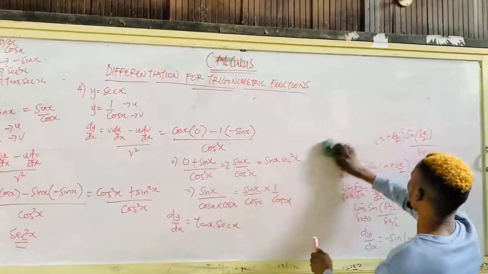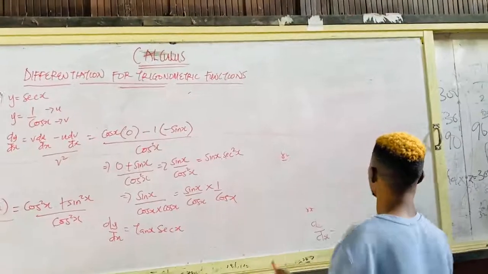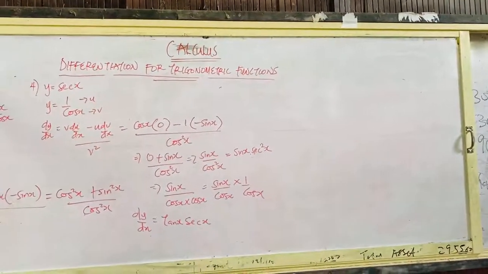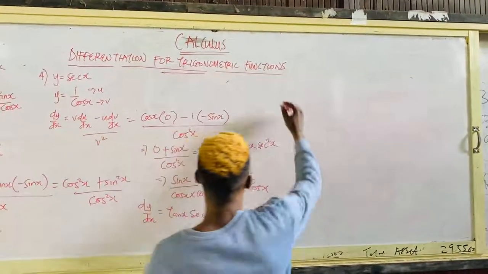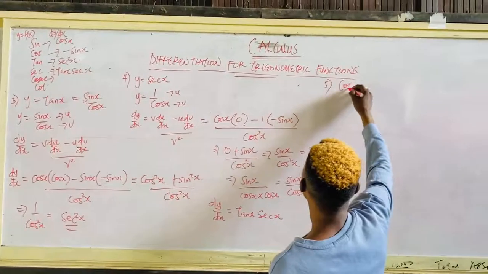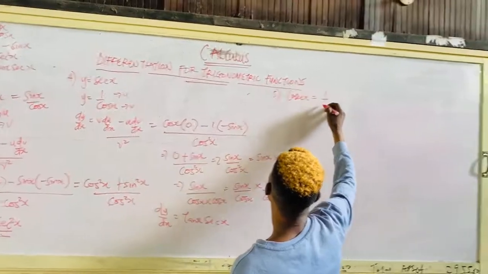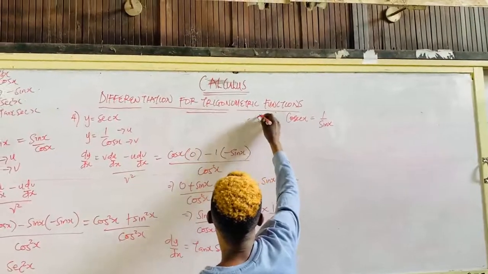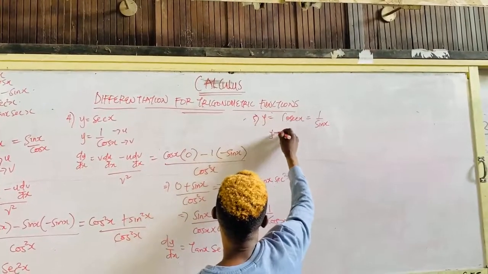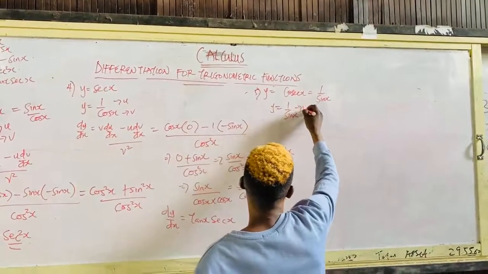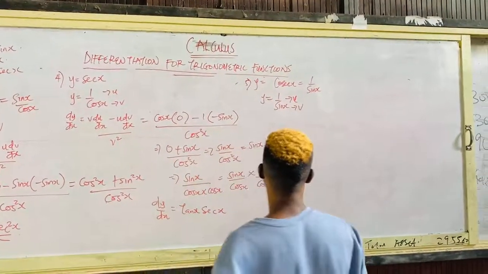Now the next one is cosec x. Now cosec x is the same thing as 1 over sin x. So if y is equal to cosec x, it is the same thing as 1 over sin x. Quotient rule, u and v.